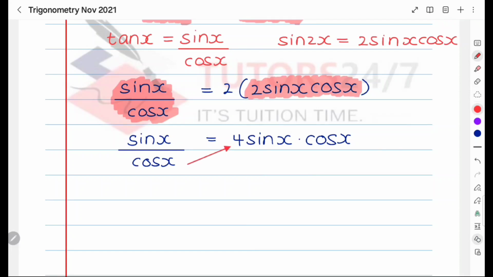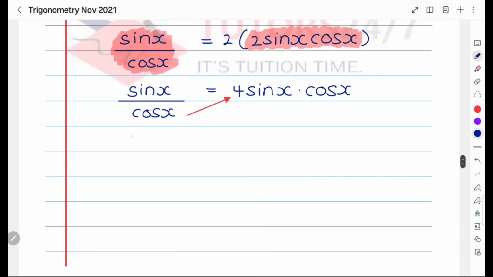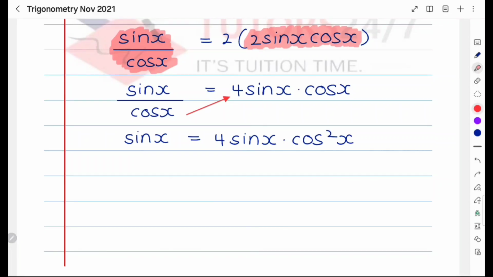So we multiply the cos x with the right hand side and the denominator of the right, which is an invisible 1, with sine x. We will therefore have sine x equals 4 sine x times cos squared x. Keep in mind, cos x times cos x gives us cos squared x.